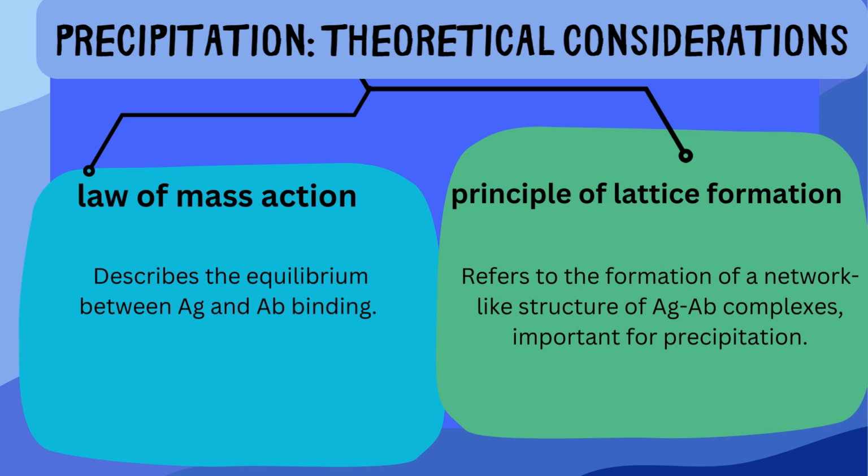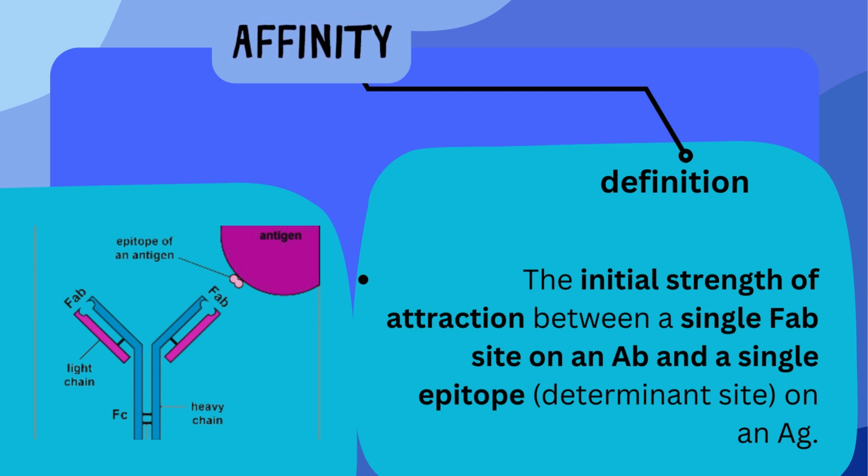Optimal proportions of antigen and antibody are necessary for this lattice to form effectively. If there's too much or too little antigen, lattice formation is incomplete and precipitation may not happen. Altogether, these principles determine the efficiency and visibility of precipitation reactions by influencing the balance and structure of antigen antibody interactions, guys. And so, affinity again.